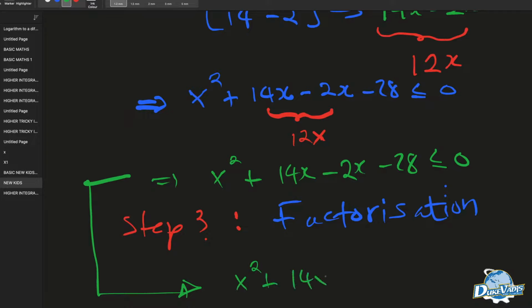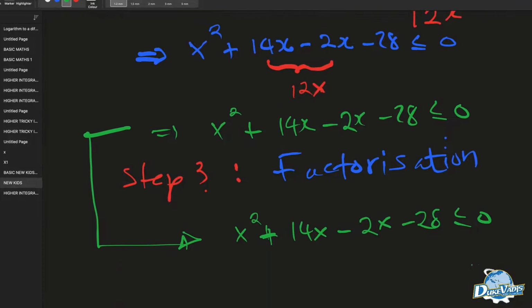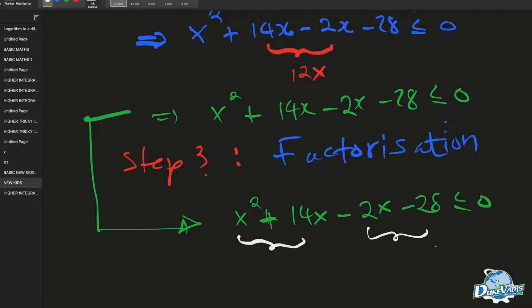This is x squared plus 14x minus 2x minus 28 is less than 0. I'm going to break them down because I've got two parts. This is my first part, and this is my second part. All right, so that is the situation.